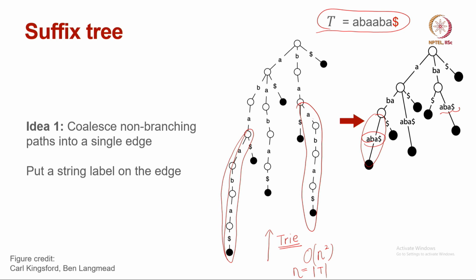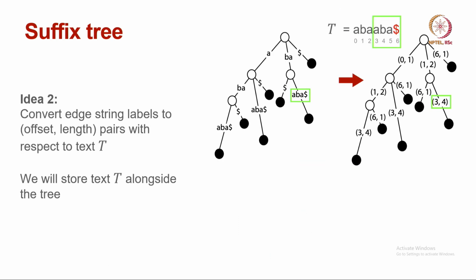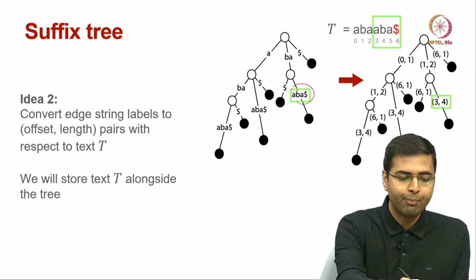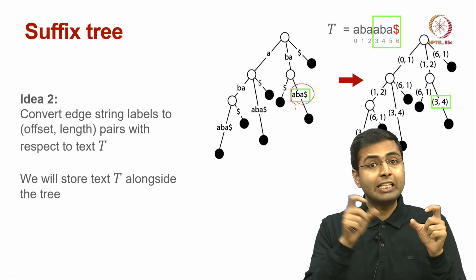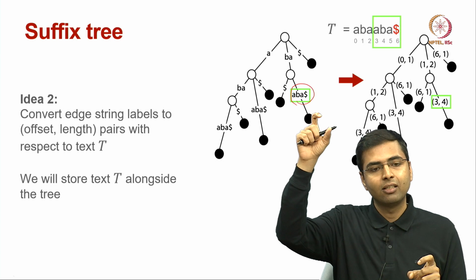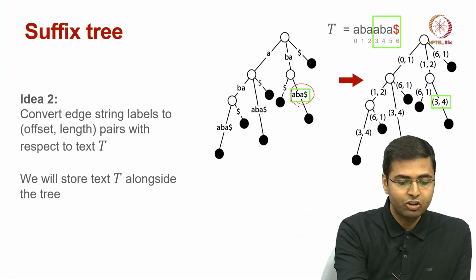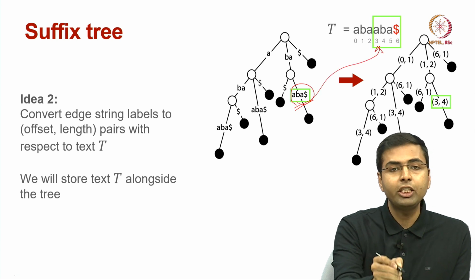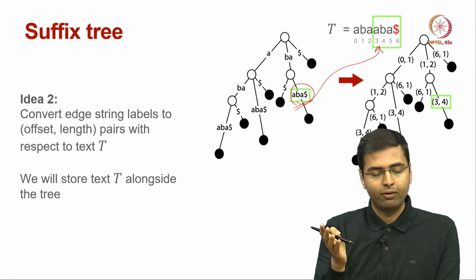This is not enough right now, because we still have to store these edge labels, right. So, these edge labels are still going to occupy space if you want to represent the string edge labels, right. So, as a next step what we are going to do is we are going to get rid of these edge labels. Observe that when I am storing the edge labels, instead of storing the edge label I can store a pointer in the original text. So, for example, this $ABA string I can say that this is the same string that occurs starting from position 3 of the text that has length 4.